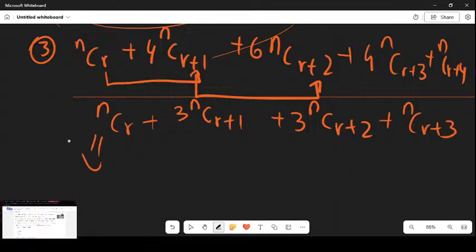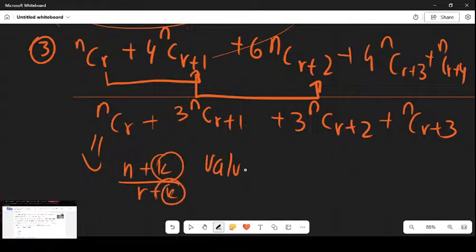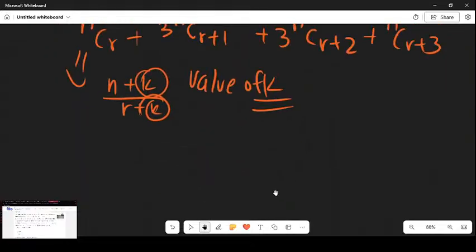And when we further solve this into a simpler form, we get an expansion in this manner, and they are asking us to find the value of k. We need to find the value of k. Am I correct? Definitely we need to find the value of k.